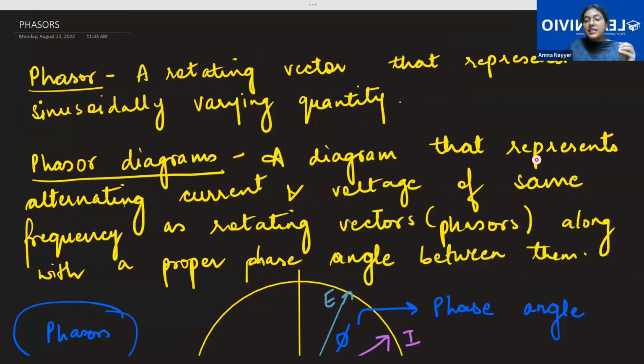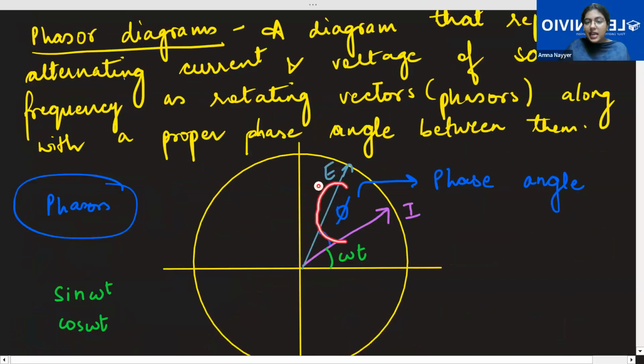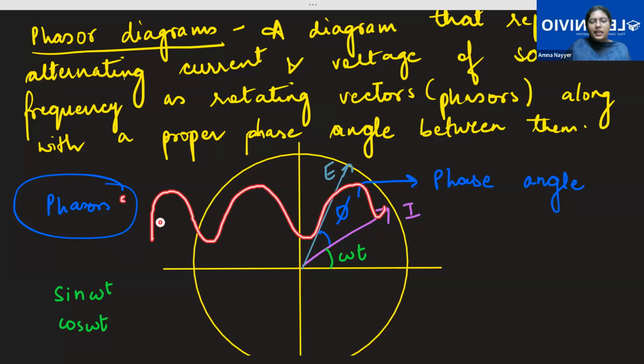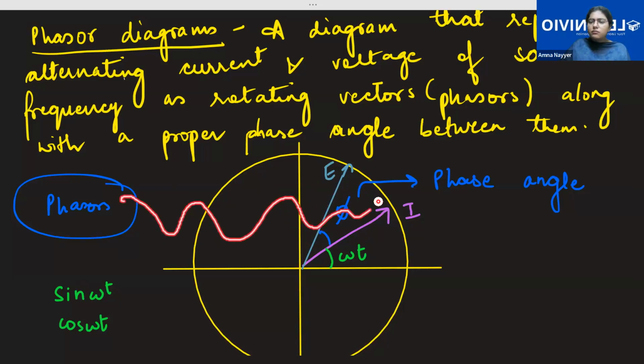Along with a proper phase angle between them. See, if the current is flowing and EMF flows like this, there is an angular difference between them. That is termed the phase angle.